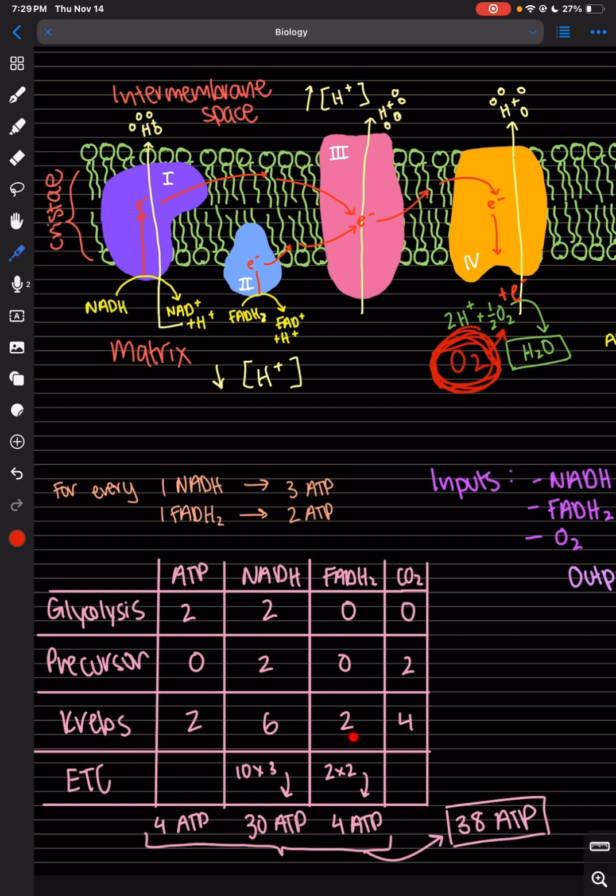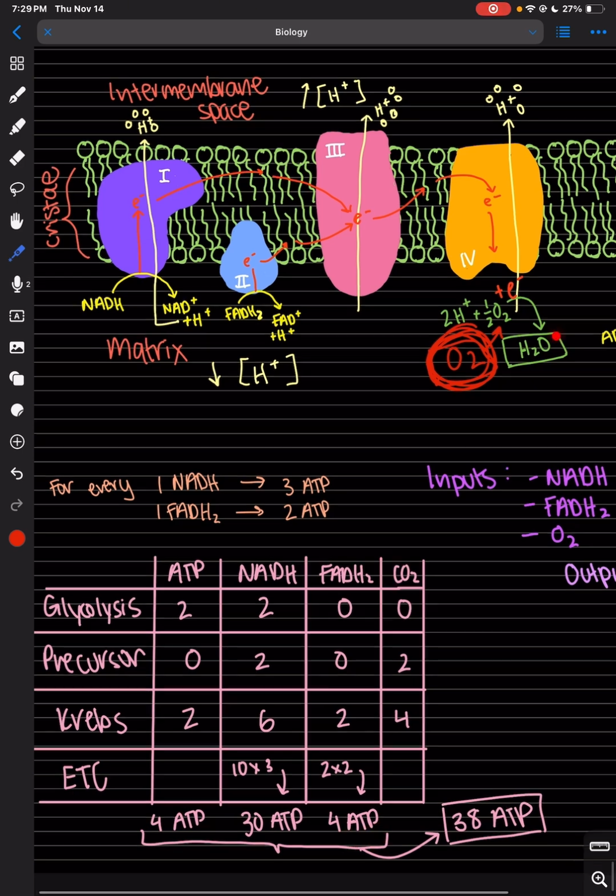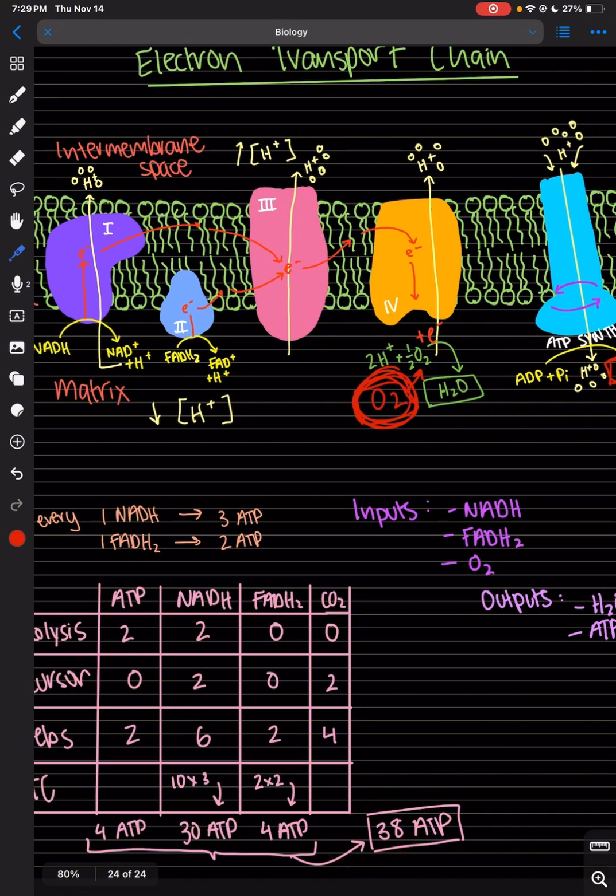Same thing for FADH. We only made 2 FADH in the whole process. So 2 times 2, because for every 1 FADH is 2 ATP, we make 4 ATP in total, right? So in total, what Miss Romana tells us is that 38 ATP are made.